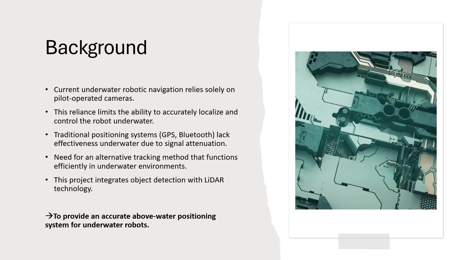Let's talk about the background first. Current underwater robotic navigation relies mainly on the pilot operating a camera, which is mainly focused on the underwater side. This really limits the ability to accurately localize and control the robot underwater.